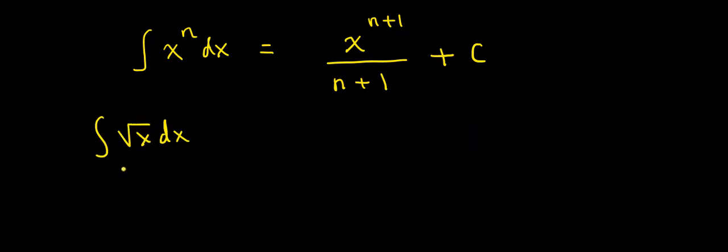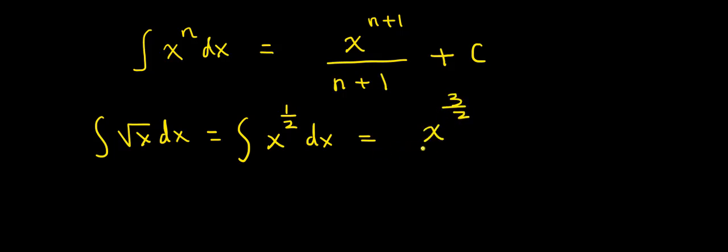Now, how would you find the antiderivative of the square root of x dx? Well, let's first rewrite it into this form. So you get the antiderivative of x to the 1/2 dx. Now, n is 1 over 2, so you add 1, and you're going to get x to the 3 over 2 divided by 3 over 2, and then plus c.